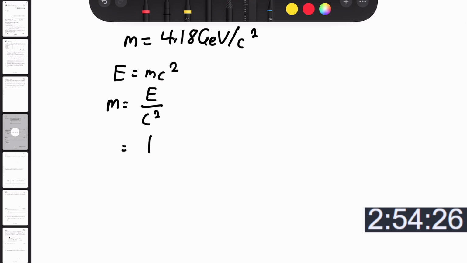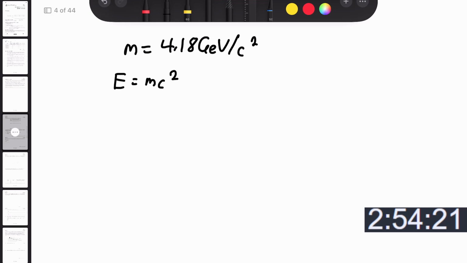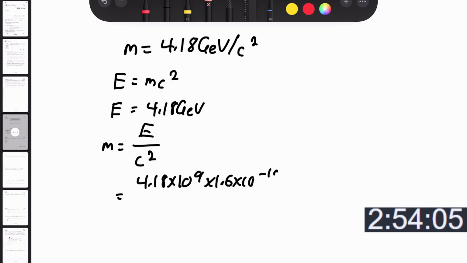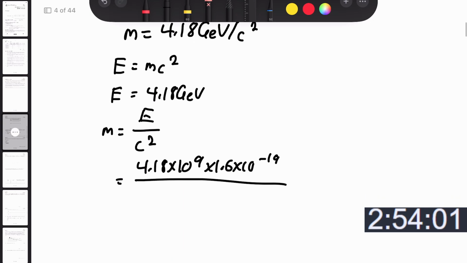Wait, I don't think I'm doing this right. Hold on. So the energy is 4.18 GeV. So the mass is energy over c squared. 10 to the 9, 19, all over 9 times 10 to the power 16.